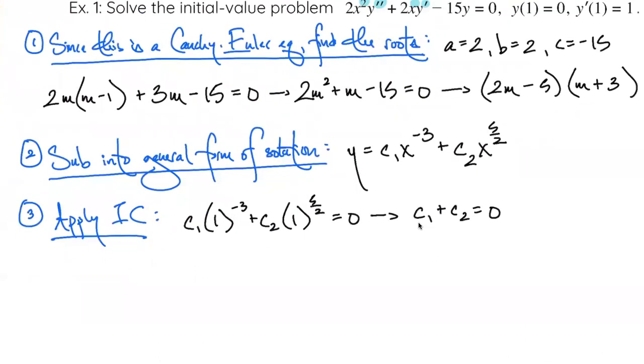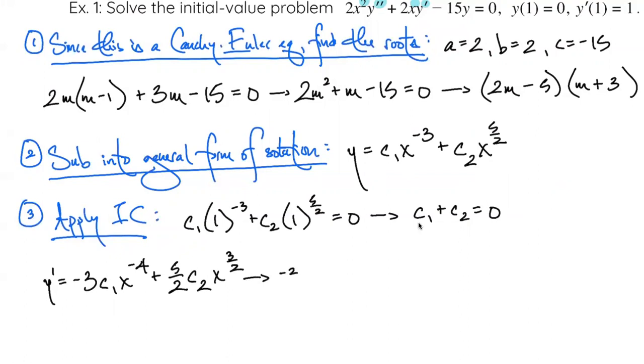Okay, so y prime equals negative 3 c1 x to the negative 3 minus 1, which is negative 4, plus 5/2 c2 x to the 5/2 minus 1, which is 3/2. And then let's go ahead and plug in our initial conditions.